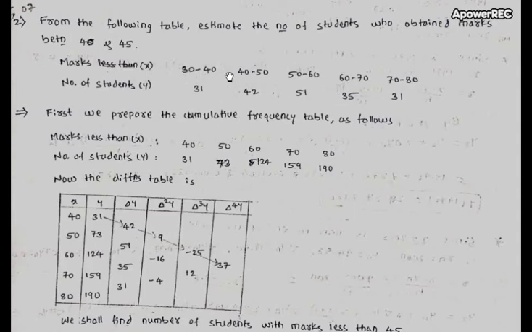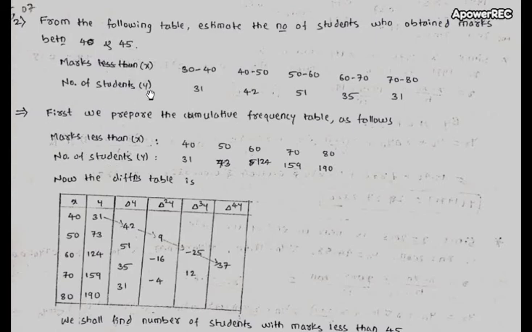These are all ranges. The number of students who obtain the marks: 31 students obtain marks between 30 and 40, 42 students between 40 and 50, and similarly 31 students between 70 and 80. Now we will calculate the total number of students who obtain marks between 40 and 45.